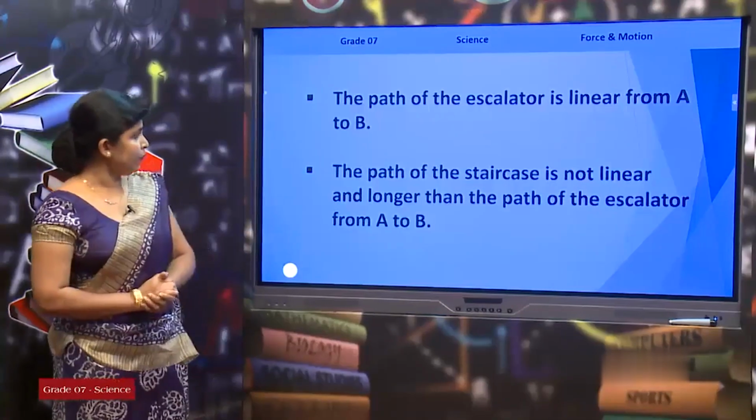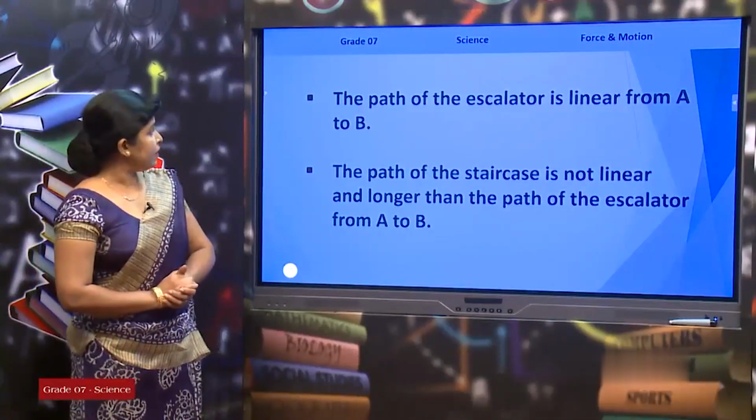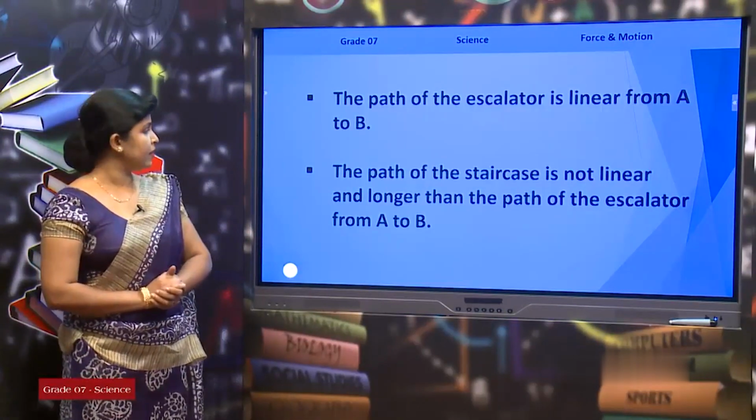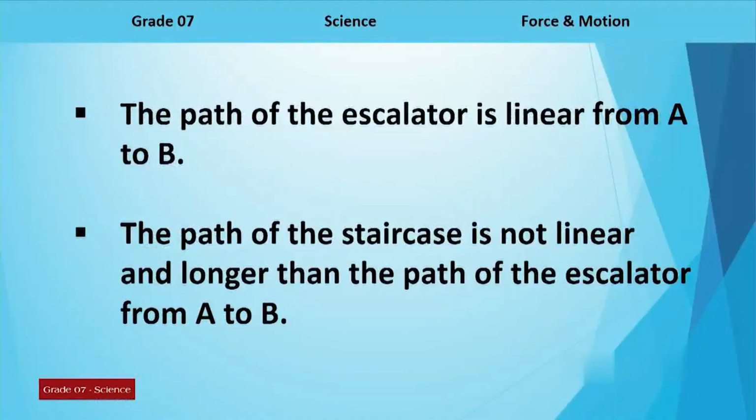The path of the staircase is longer than the path of the escalator. Right. Now, the path of the escalator is linear from A to B. The path of the staircase is not linear and longer than the path of the escalator from A to B.